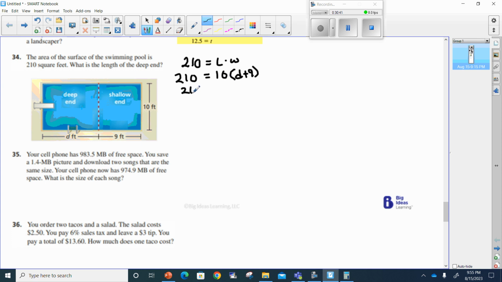And that'll give us 210 is equal to 10 times d is 10d, and 10 times 9 is 90. We'll subtract 90 from both sides. And that's going to give me, let's see, 10d is going to be equal to, there's a 0, got to borrow 1, so that's going to be 120. Now I'll divide 10d by 10.